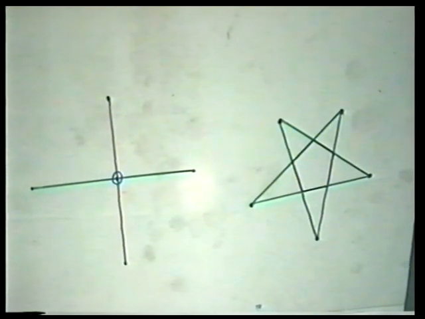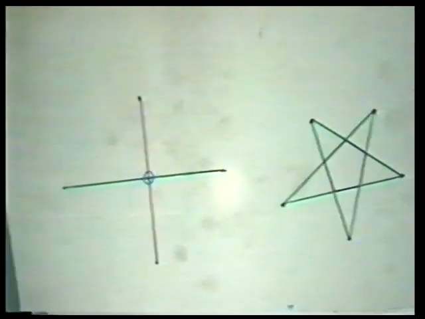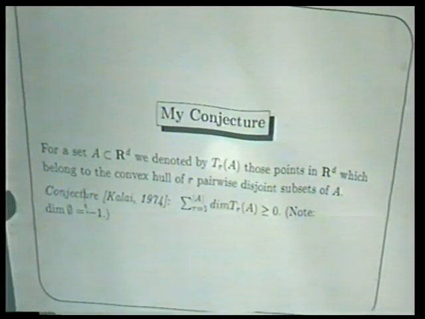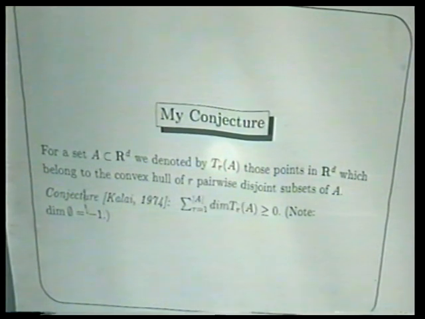So is this clear? This example leads quickly to the following conjecture, which is my conjecture. I made it 25 years ago, and it says the following. As you can see, the point here is to consider not generic position, but very special point configurations.